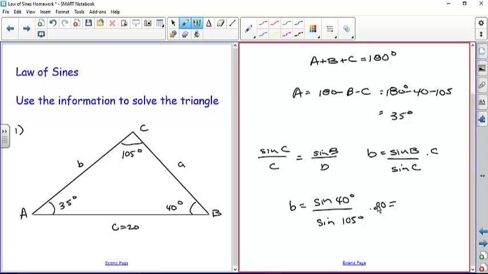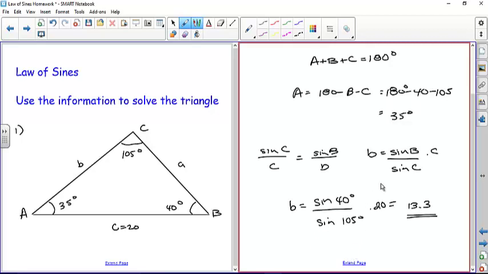So we get the sine of 40 divided by the sine of 105 times 20. So you get 13.3. And that makes sense, because this being 105 degrees, this should be the longest side. And it is. Compared to these two sides, we still need to find A.